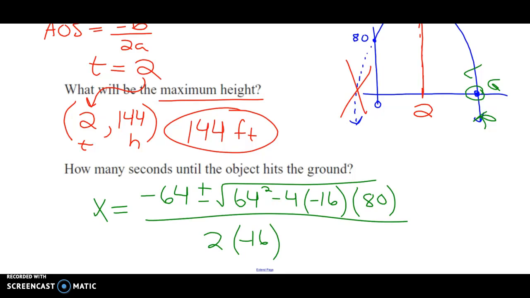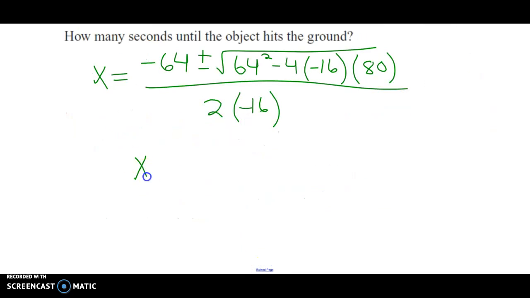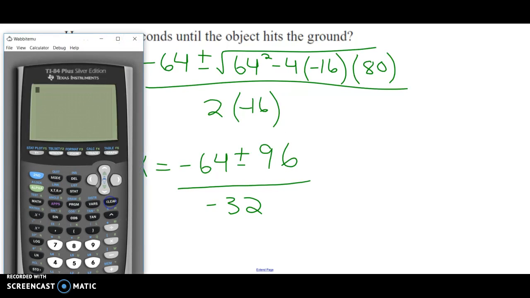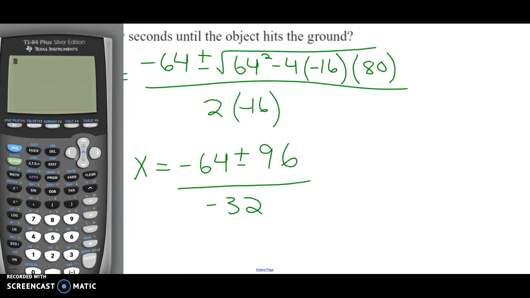So the discriminant square roots to 96. Now this is where I would use the calculator cheat code that I showed you to type in fractions. Math, right, up. So I'm going to do the plus first, negative 64 plus 96, all over negative 32.